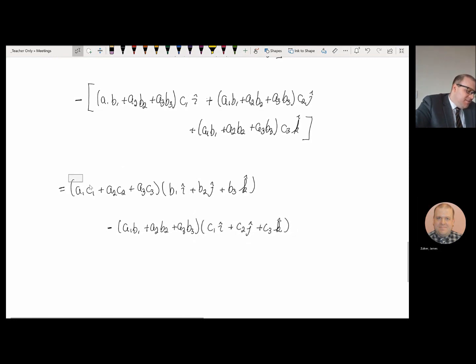What about this? A1C1 plus A2C2 plus A3C3. Isn't that the definition of A dot C?